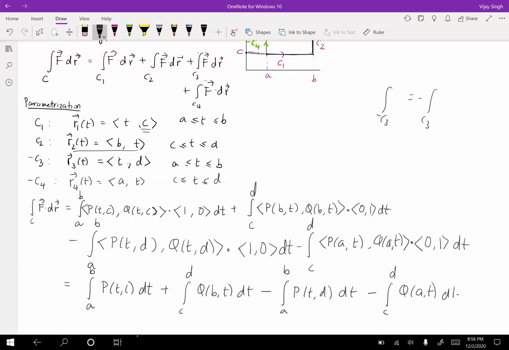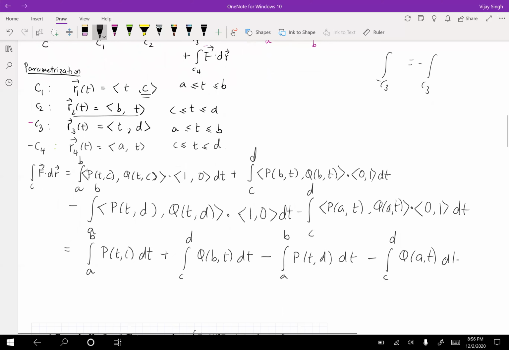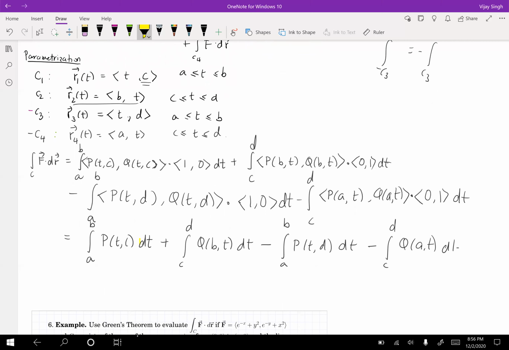So these are the objects that survive. Now I can bring these two together. So I'm going to bring this guy and this guy together.